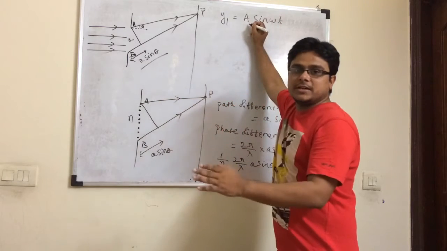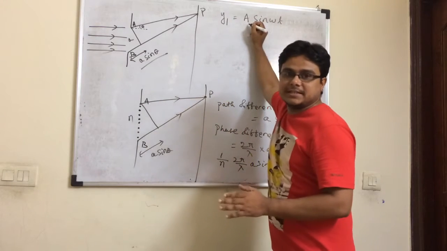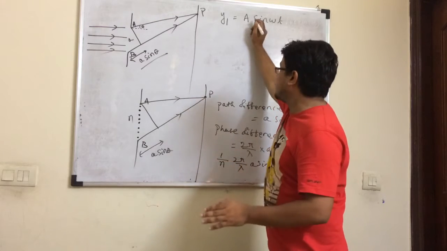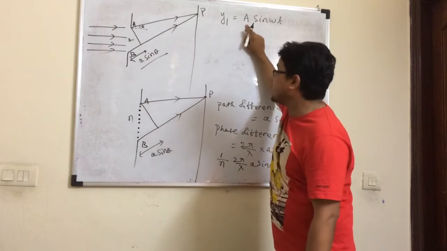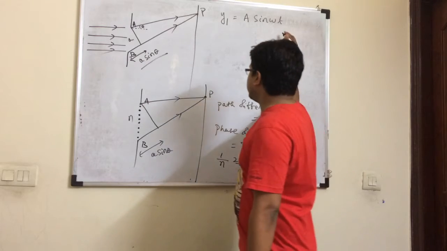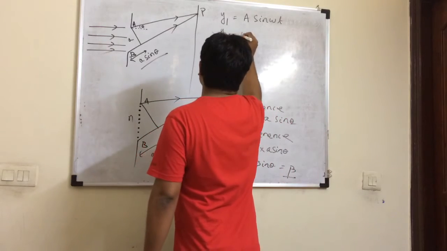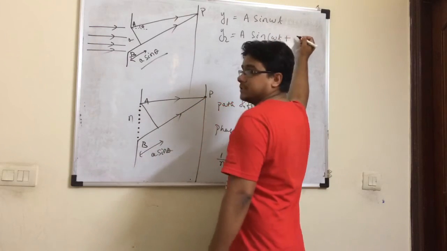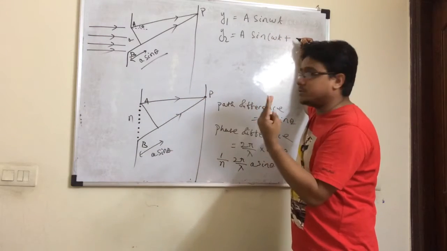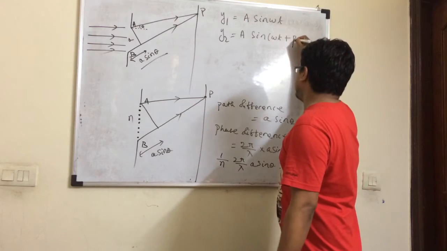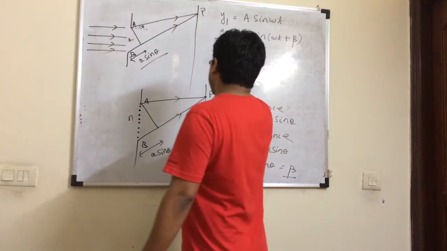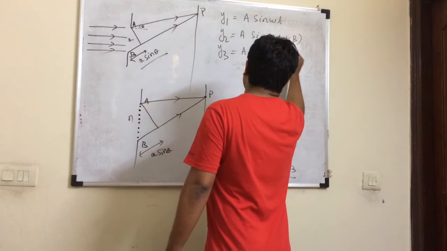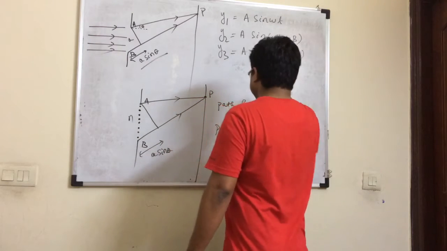If I consider identical secondary sources, the amplitude of each individual source will always be the same, which is A. So y1 is A sine omega t, y2 equals similarly A sine omega t plus beta, since the phase difference between two consecutive secondary sources is beta, and y3 I can write the same way, A sine omega t plus 2 beta.